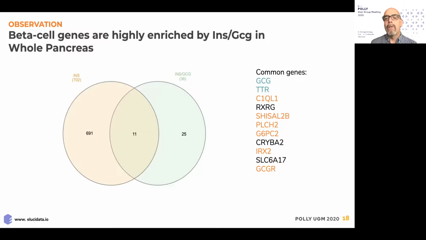You can see the ones that are in blue are anti-correlated, and those are alpha cell genes. And the ones in orange are beta cell specific genes, and many of them have been associated with disease states. And some of them have not been very well investigated.